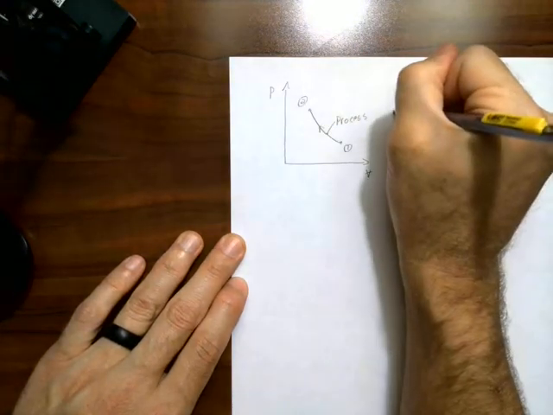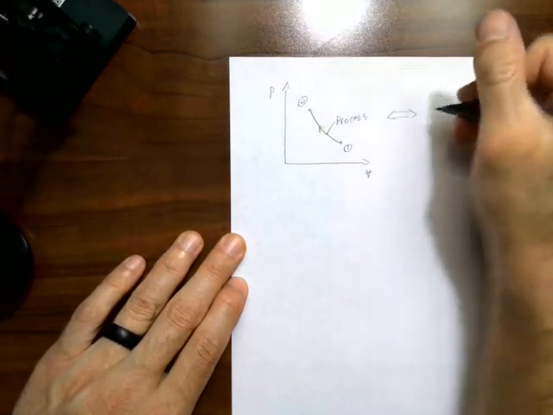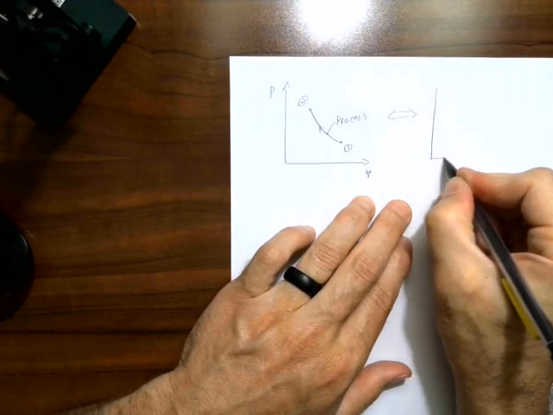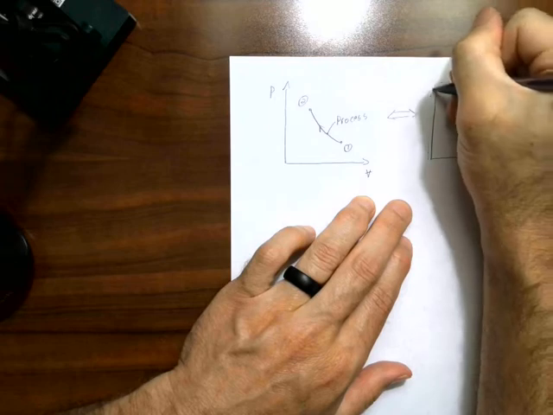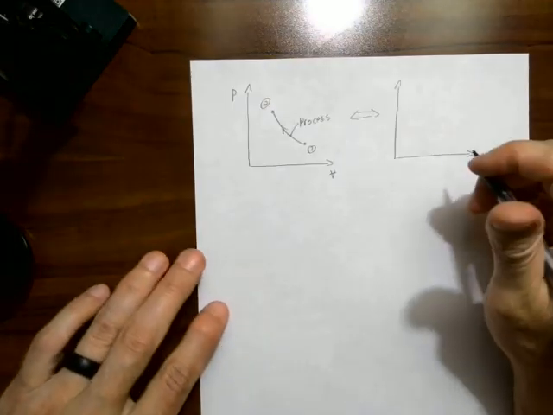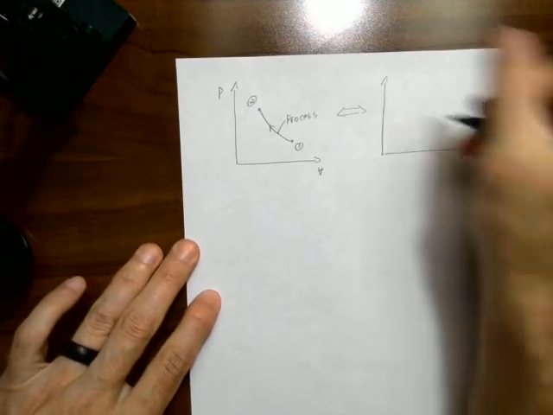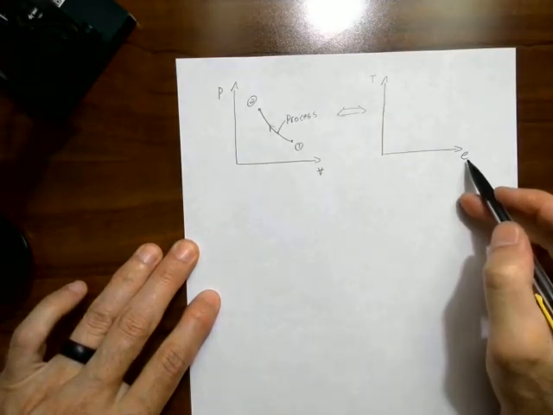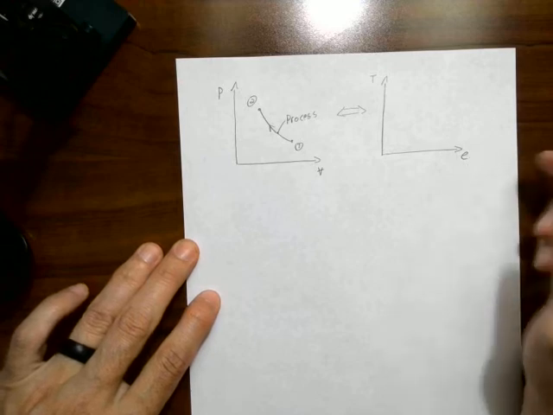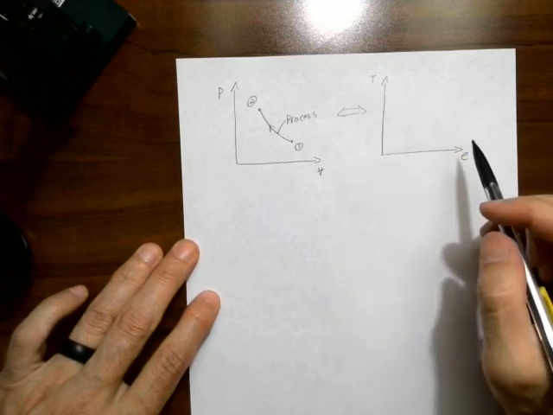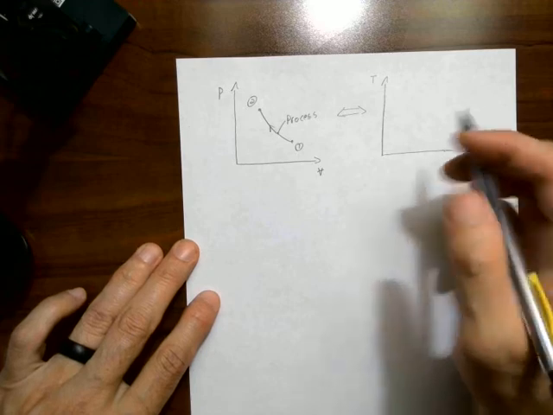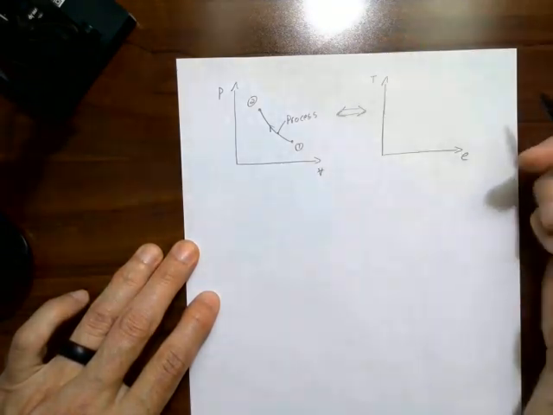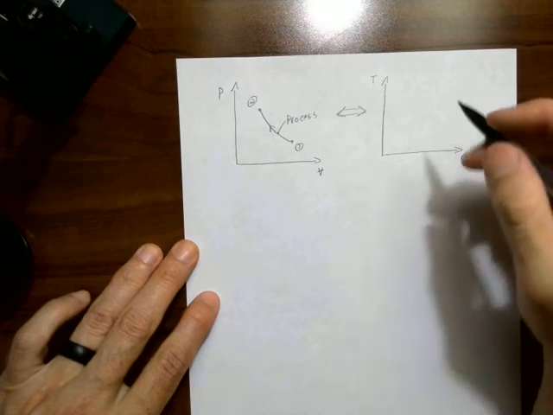Because I'm free to choose which two independent intensive properties I use, say it's more convenient to express this process in terms of temperature and specific energy, or temperature and pressure if those two happen to be independent. Any two independent intensive properties I can use to express the same diagram.